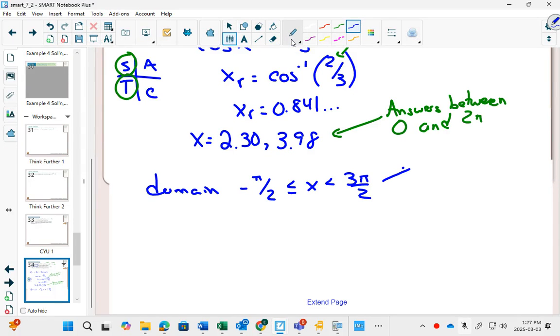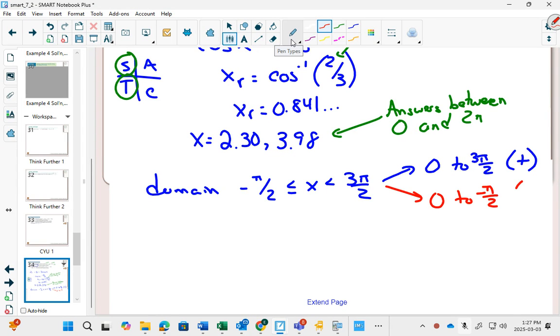This means I'm going to go from 0 to 3 pi over 2, that's in the positive direction. And I'm going to go from 0 to negative pi over 2 in the negative direction. Can you see that 0 is in between here, in my domain?